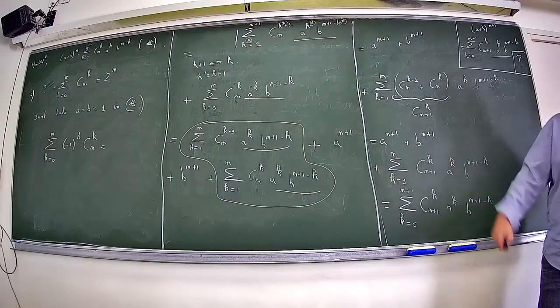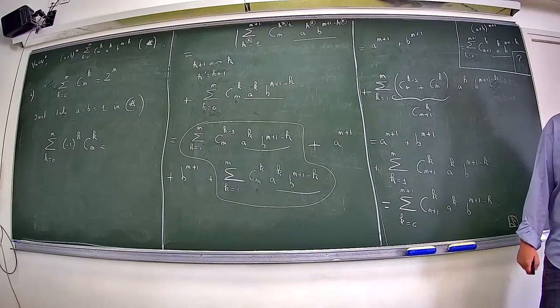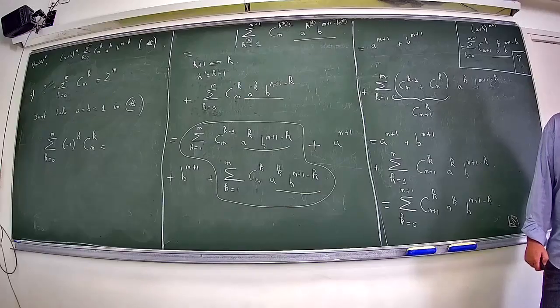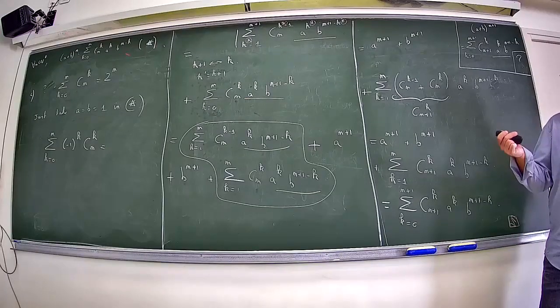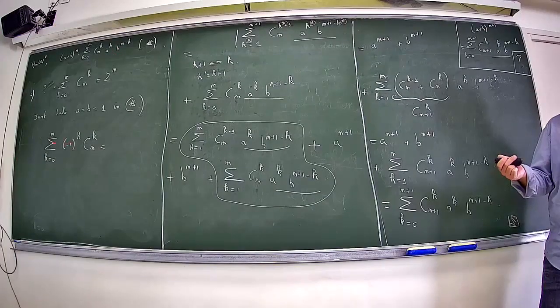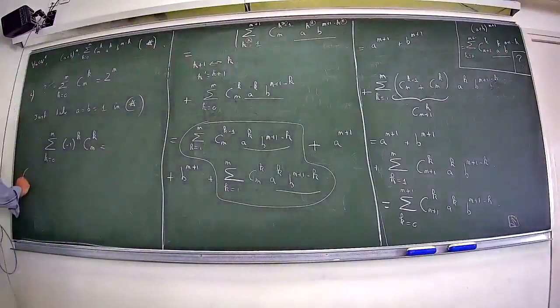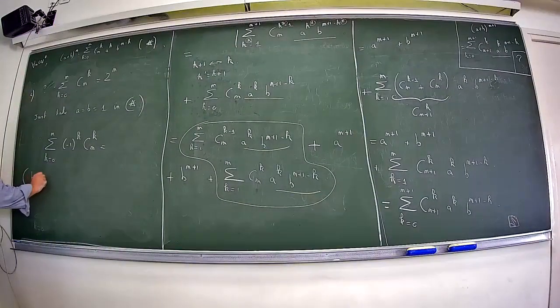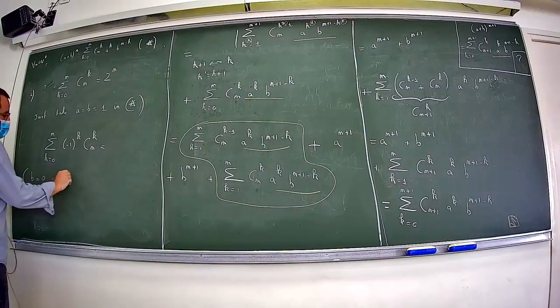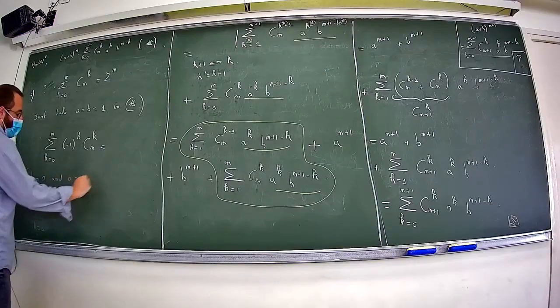I have to take particular choices for A and B. What are they? For B, I can take 1 to make it disappear, and for A, I just take minus 1.